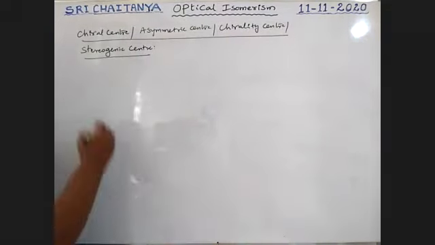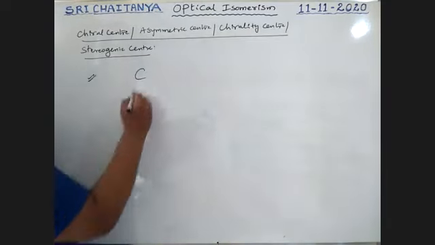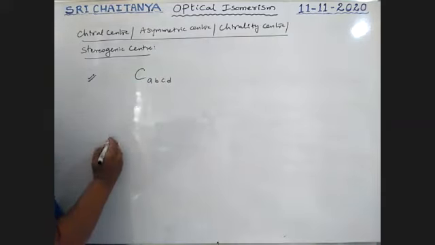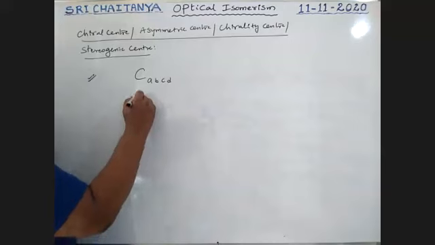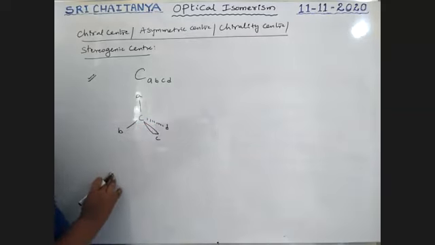See here. Let us identify a molecule, carbon bonded with A, B, C, D. That means a carbon atom bonded with 4 different groups.